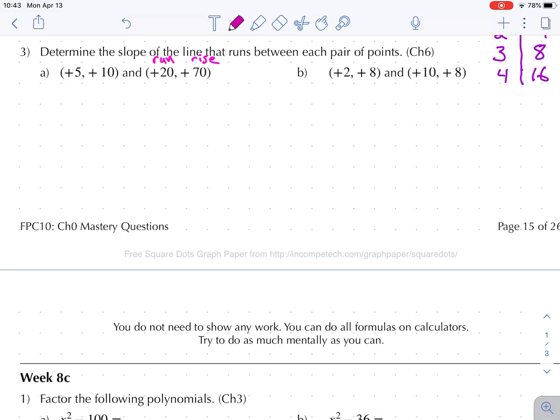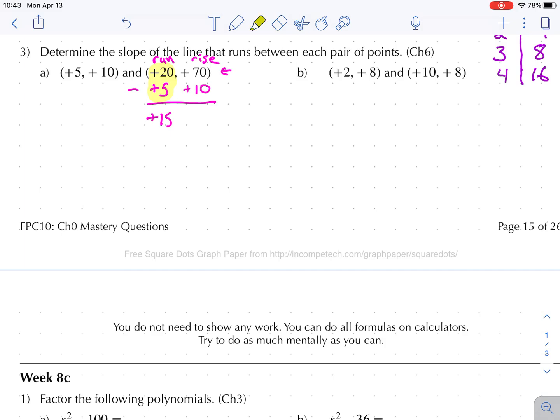Now, to figure out our run, I take one point and I put it on top. And from that point, I subtract the second point. So I do plus 20 subtract plus 5. That gives me a plus 15 run.